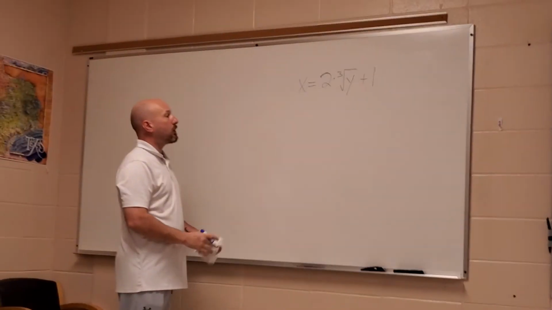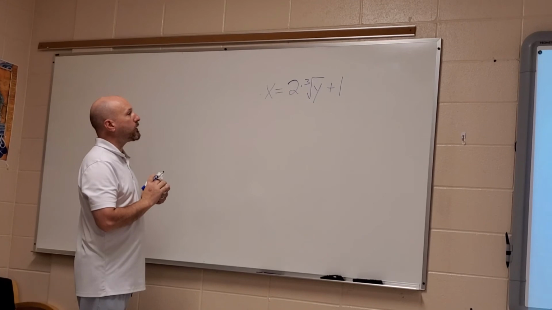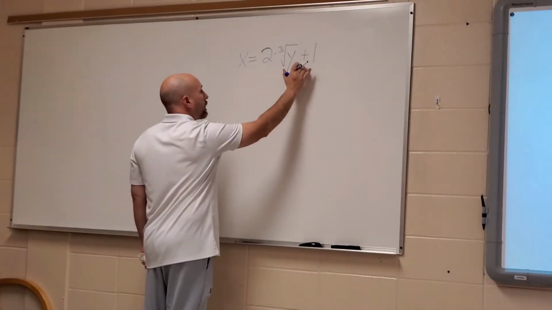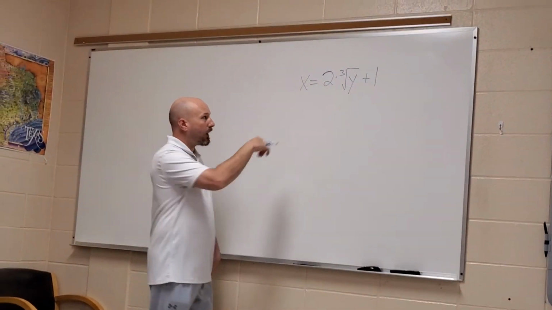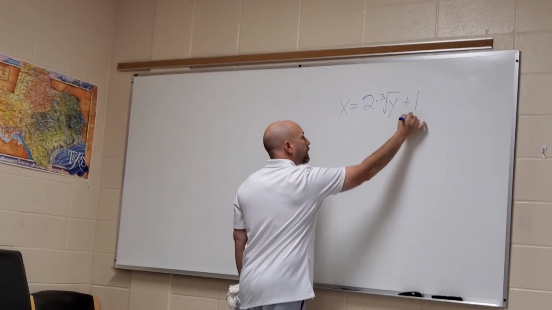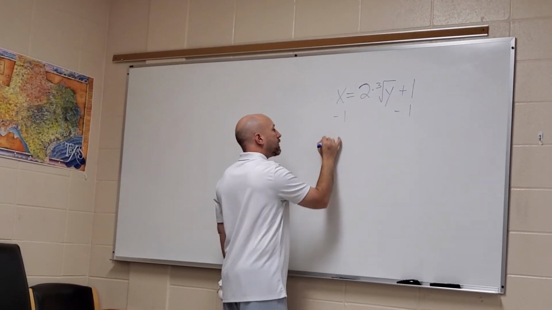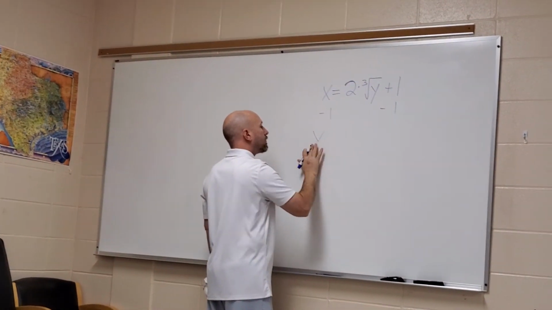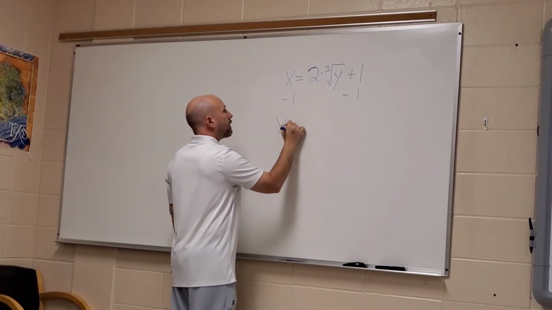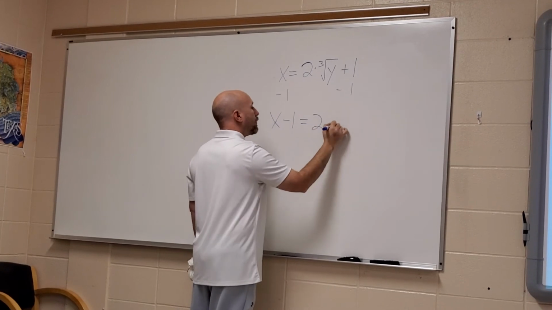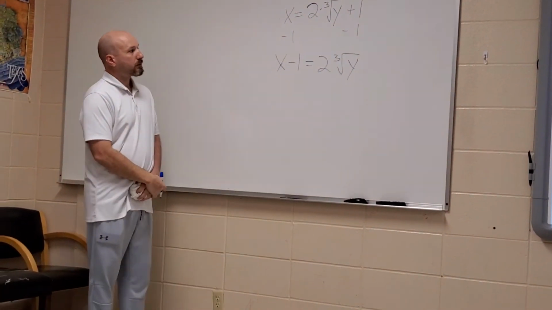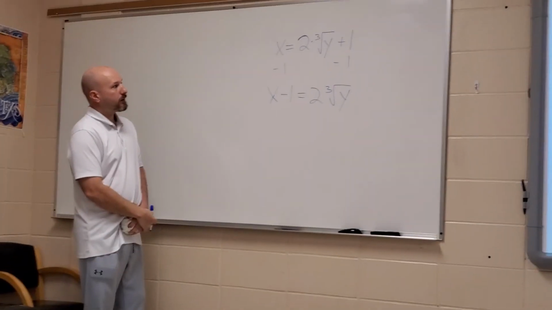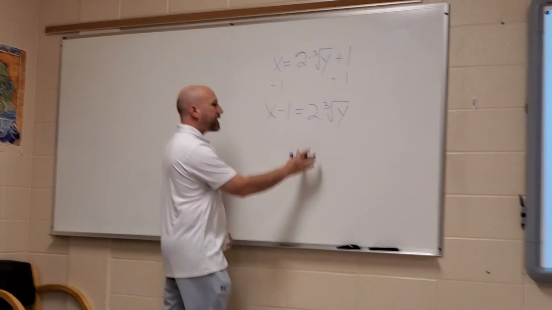Okay, so first thing we need to do, we got to get rid of this 1. It's over there by itself. So let's go ahead and do that. So minus 1. We have x minus 1 equals 2 times the cube root of y. All right? So still, we got to get y by itself.